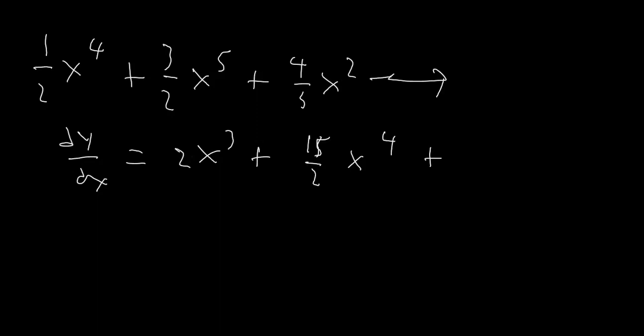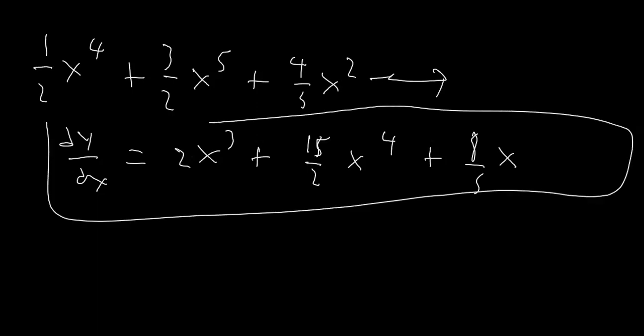And then 2 times 4/5 is just 8 over 5, and then 2 minus 1 is just 1, so we just get x. So this is our answer right here: 2x to the third plus 15 over 2 times x to the fourth power plus 8 over 5 times x. Okay, so that was the power rule problem and the way of doing power rules.